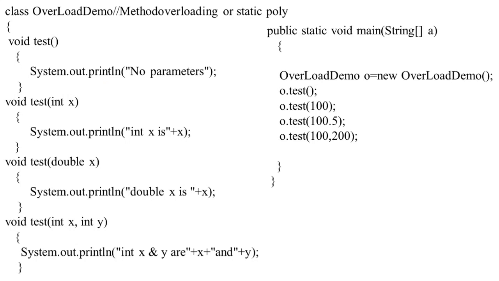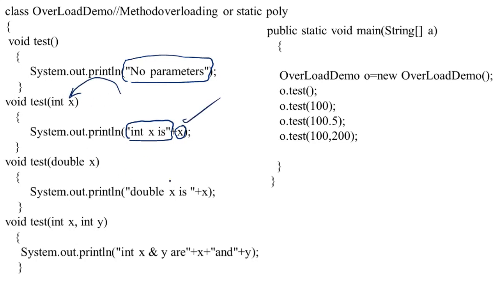As this program is so simple, as we know what System.out.println is, I am just keeping a message with no parameter; it will blindly print this particular message. What is this? "int x is" is a message, as I am keeping it in double quotes. What is x? x is a variable. If I pass something to this x, that will be printed.